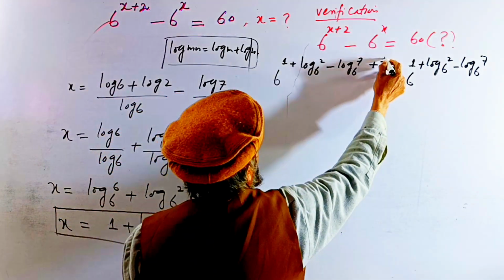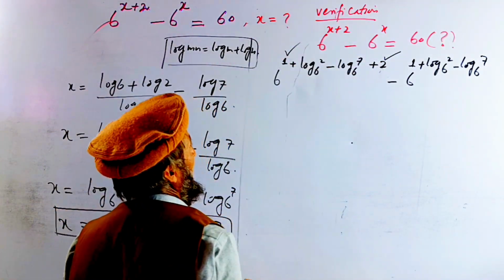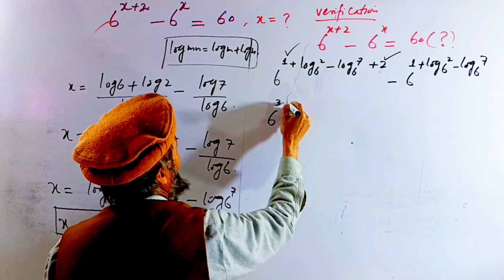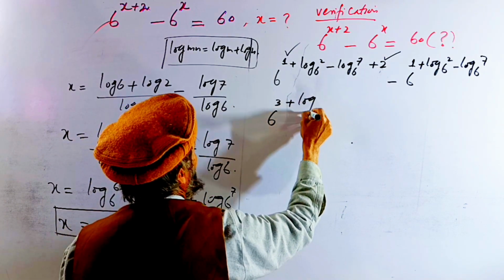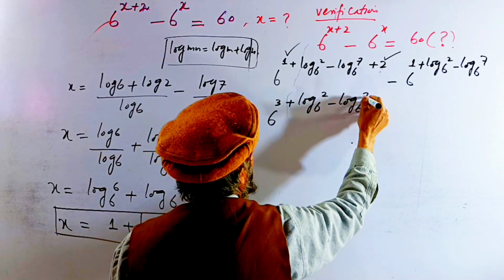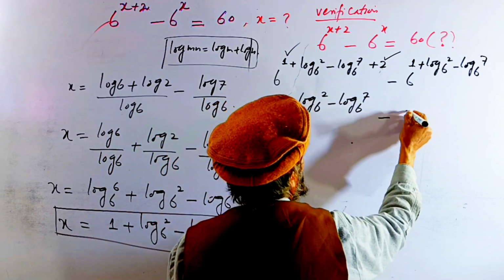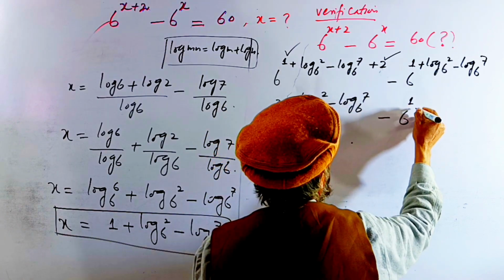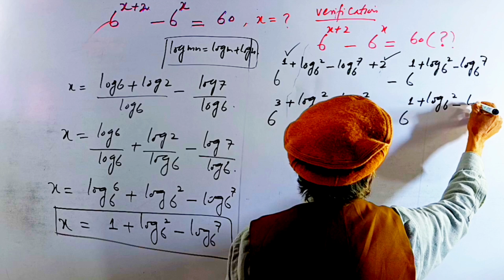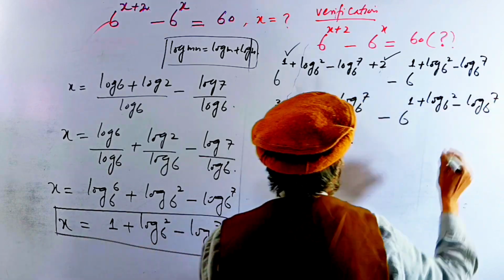Now if we add 2 and 1, we get here 6 power 3 plus log base 6 of 2 minus log base 6 of 7, minus 6 power 1 plus log base 6 of 2 minus log base 6 of 7.